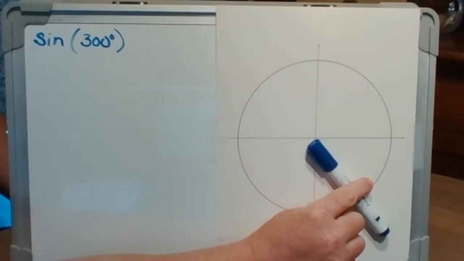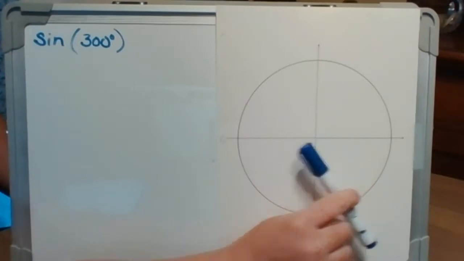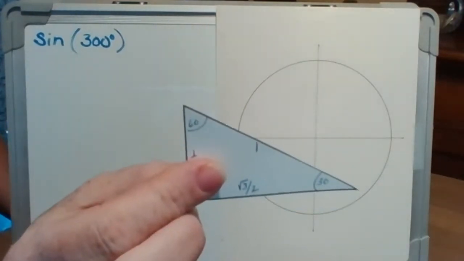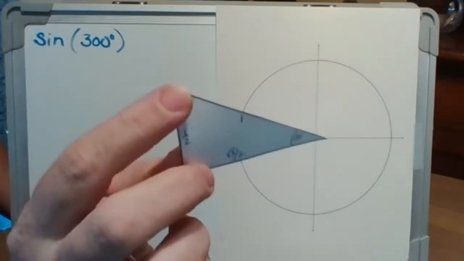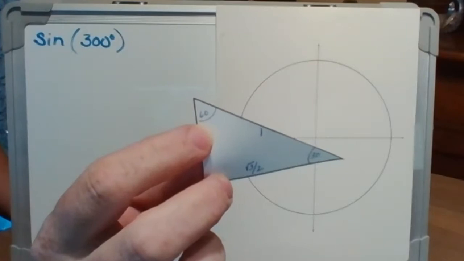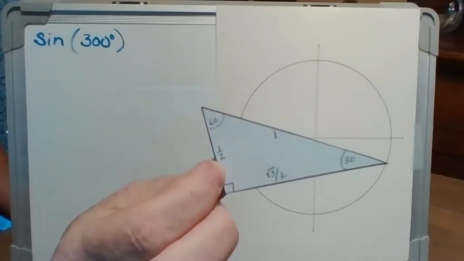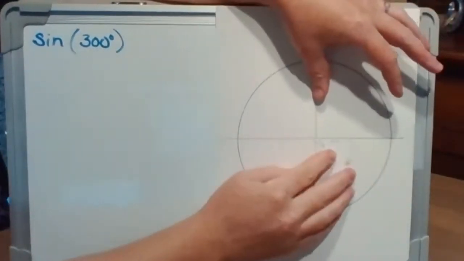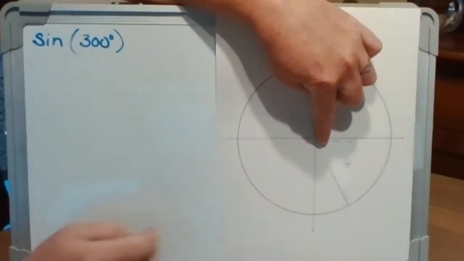What would the reference angle be for 300 degrees? 60 degrees. So we're taking our 30, 60, 90 triangle, but this time we need to be sure that we're putting our 60-degree angle at the origin and our right angle on the x-axis. So it's going to look like this.